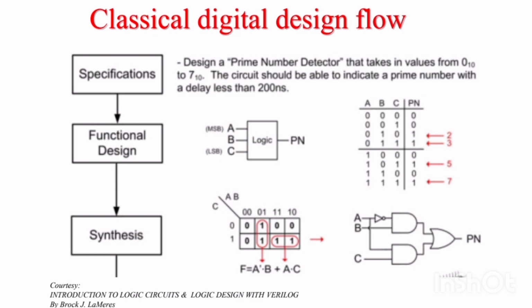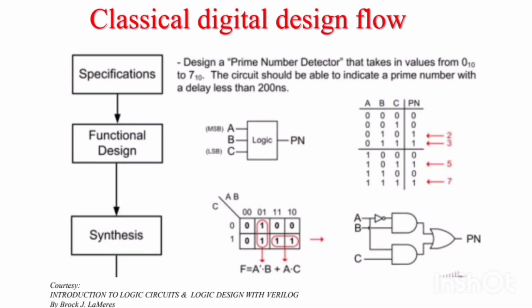It's about designing a prime number detector that takes in values from 0 to 7. The circuit should be able to indicate a prime number with a delay of less than 200 ns. That's our specification.